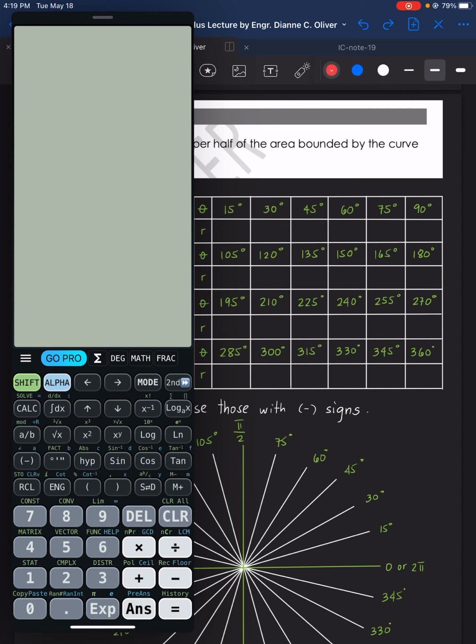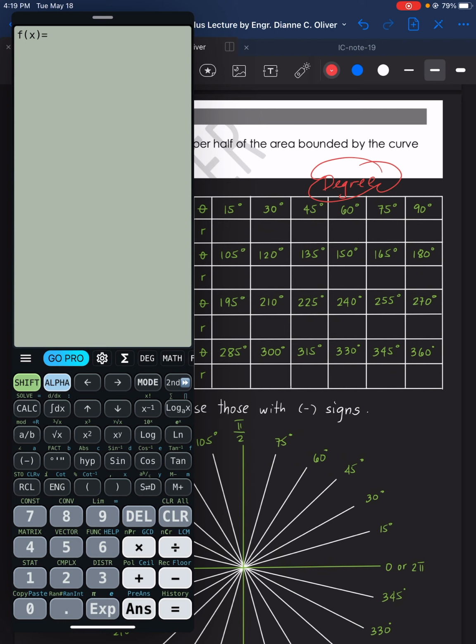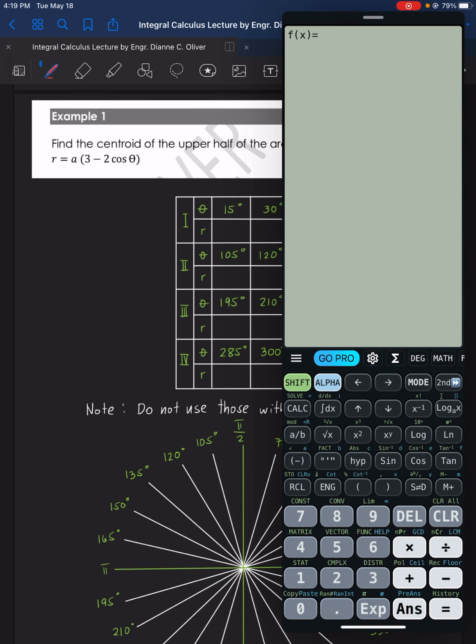Again, we must remember that if we are filling the data of the table, we will use here the degree mode. So make sure that your calculator is in degree mode. So what we do here is mode, then locate the table, then type in the formula, which is r is equal to a times (3 minus 2 cosine x).